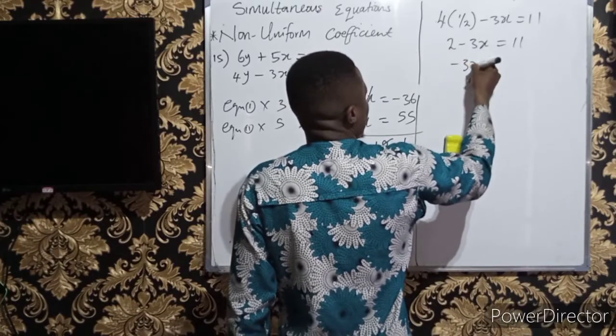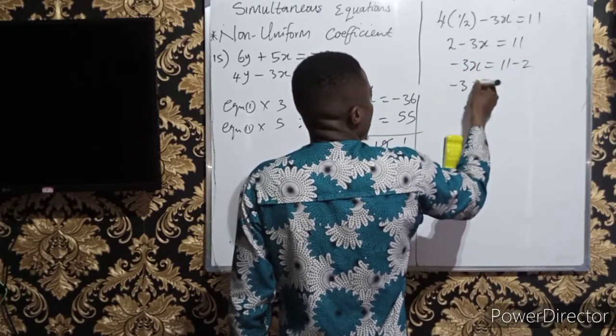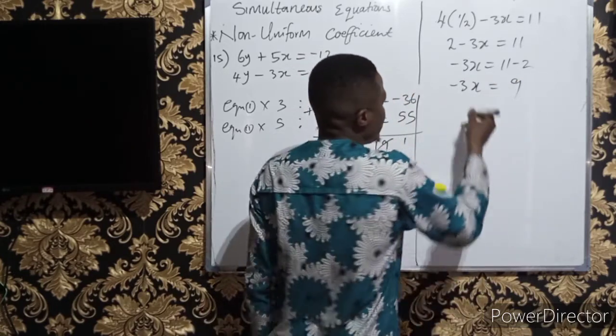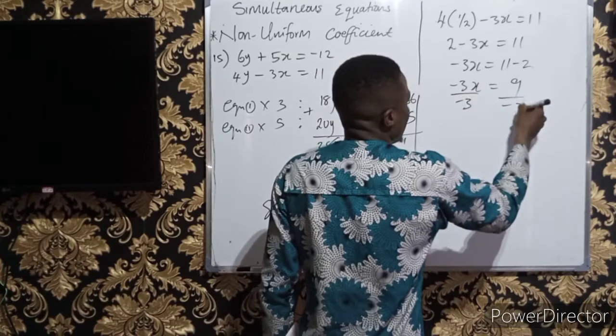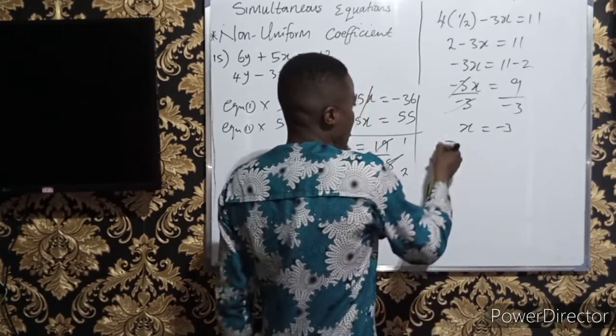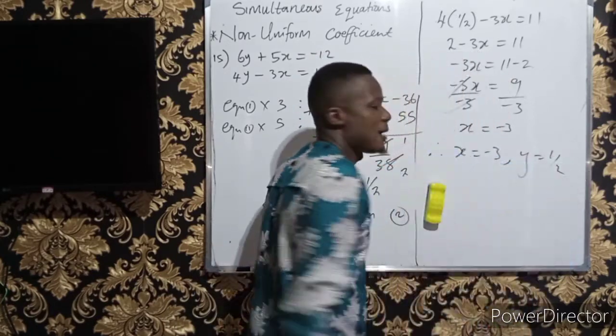So I have minus 3x equals 11 minus 2. Minus 3x is just 9. I'll divide both sides by negative 3. This cancels out, so x is just minus 3. Therefore, x is negative 3, y is just half.